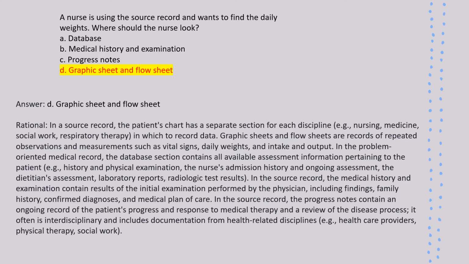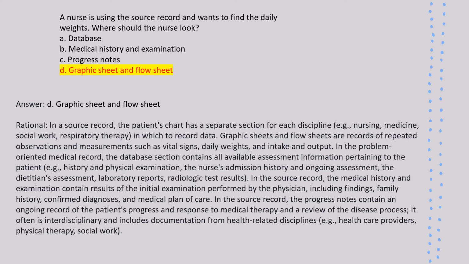In the problem-oriented medical record, the database section contains all available assessment information pertaining to the patient, e.g., history and physical examination, the nurse's admission history and ongoing assessment, the dietitian's assessment, laboratory reports, radiologic test results.